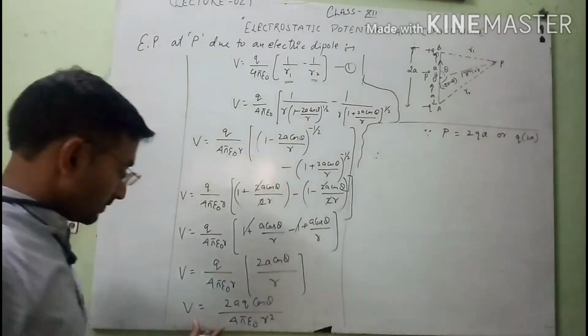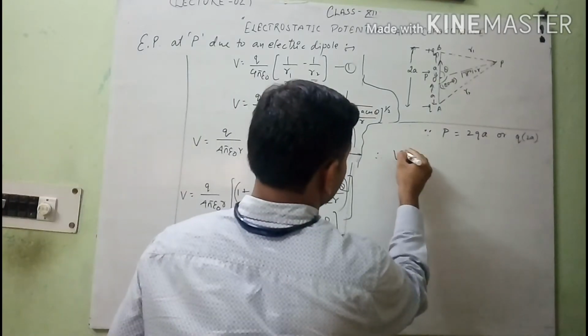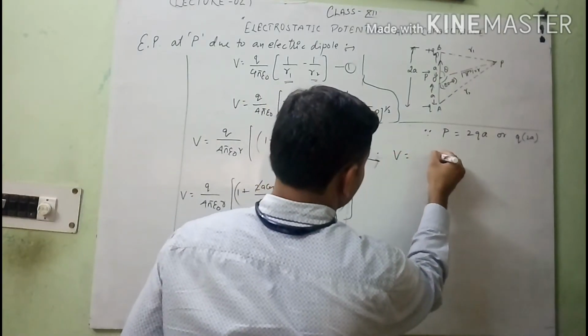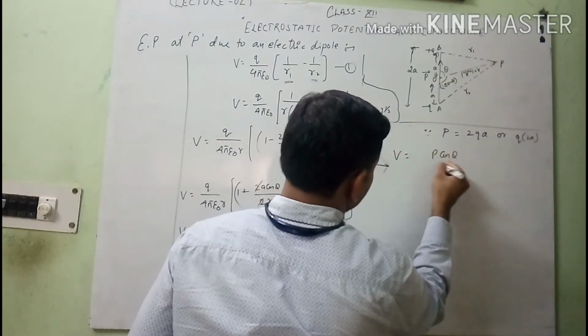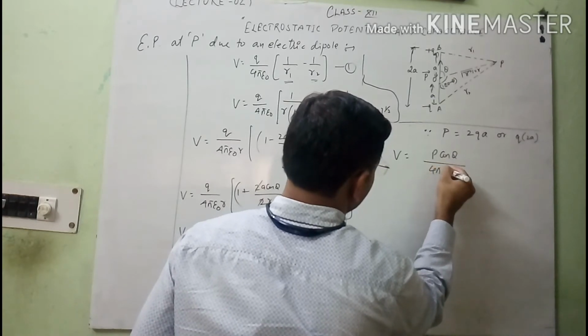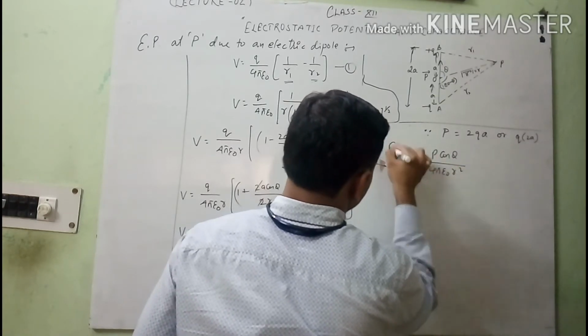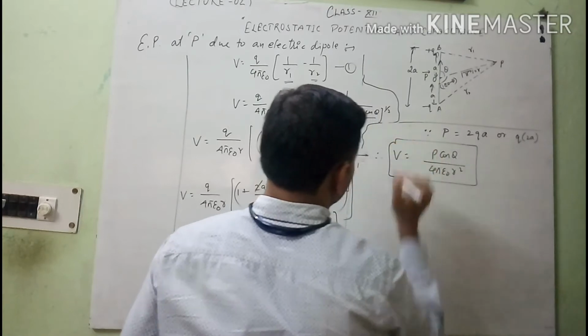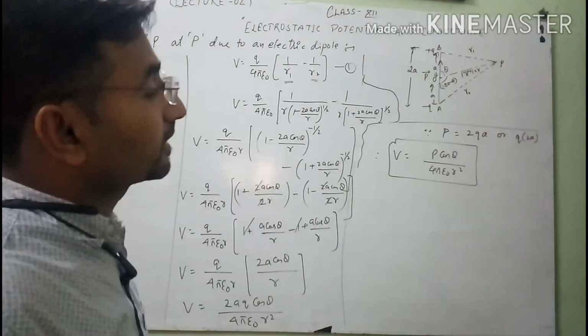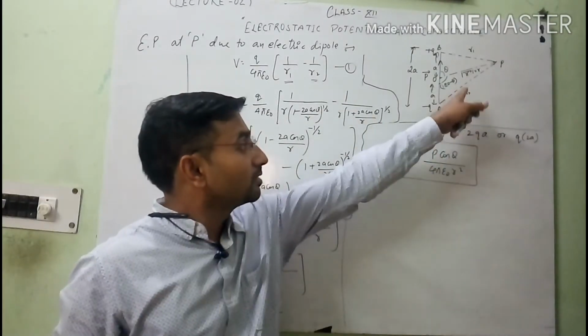Therefore, from this equation we get V is equal to P cos theta over 4 pi epsilon naught of R square. This is the value of electrostatic potential due to an electric dipole at point P.